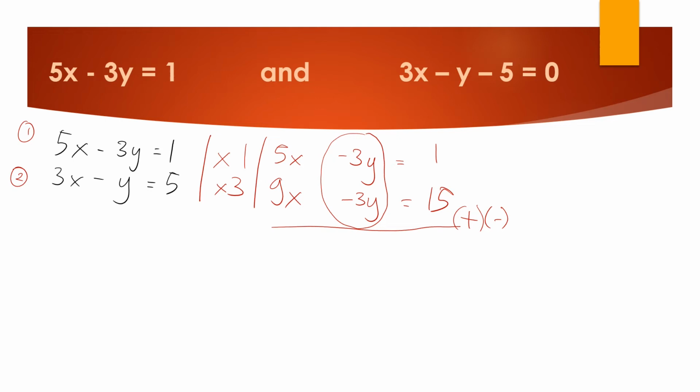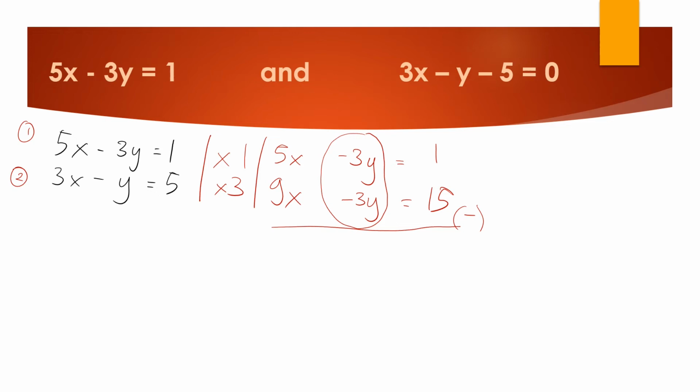Minus 3 minus 3. Because if you put just minus here, it doesn't change the sign. So we choose minus here. Minus 3, minus with minus is plus, so minus 3 plus 3, 0.